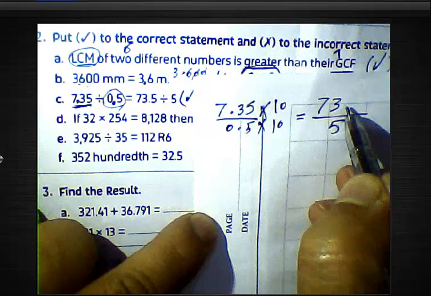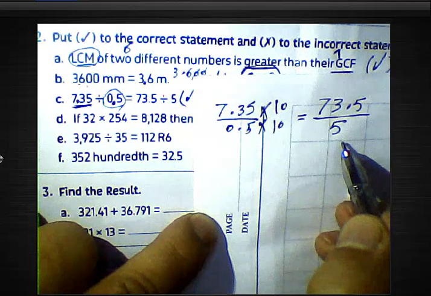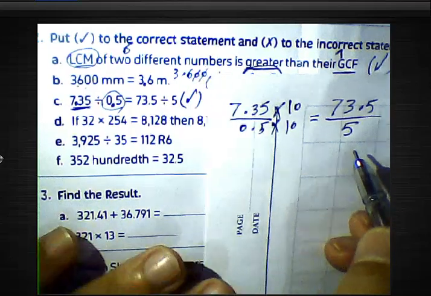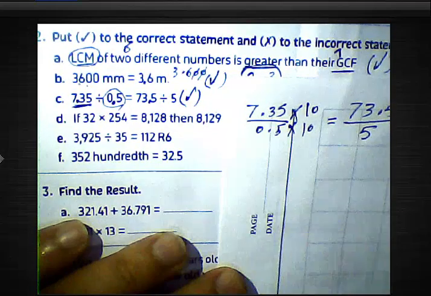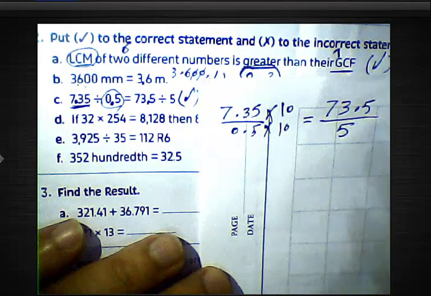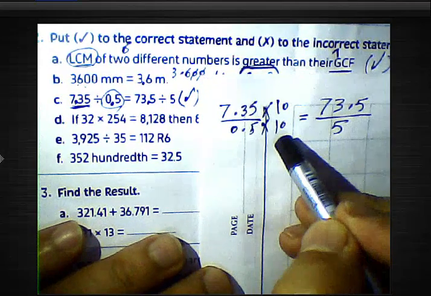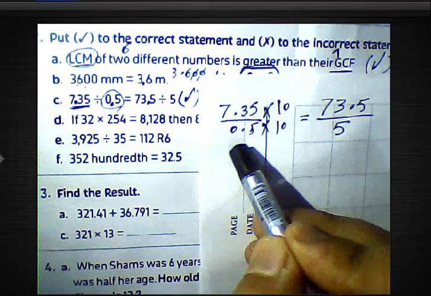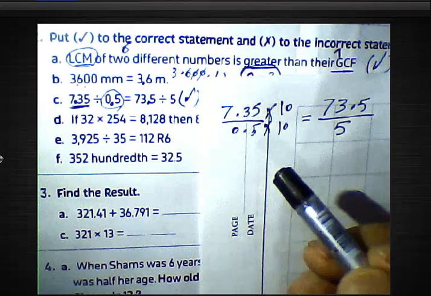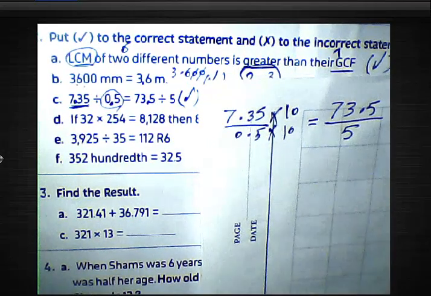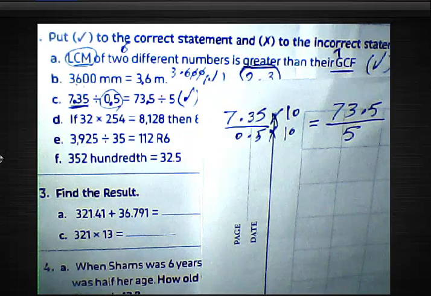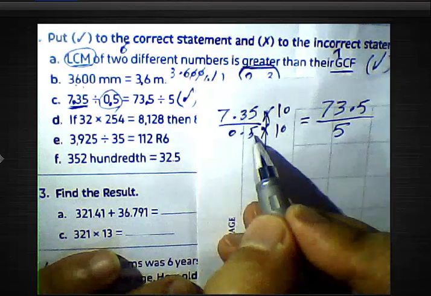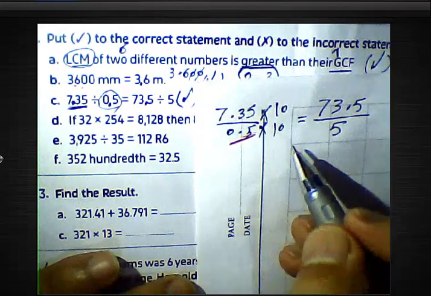We must write 23.5 over 5. Okay, so it's true. We must write true here. Why? Again, because we multiplied the numerator and denominator by 10. Because the denominator was a decimal number, it's impossible. We must convert from decimal number to whole number by multiplying by 10, because the point was after one digit. Okay, so we must multiply by 10.